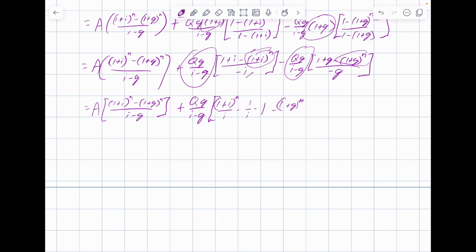That's 1 plus g, and so I'll say this inside parentheses here. It's 1 plus g minus 1. And these ones cancel out.